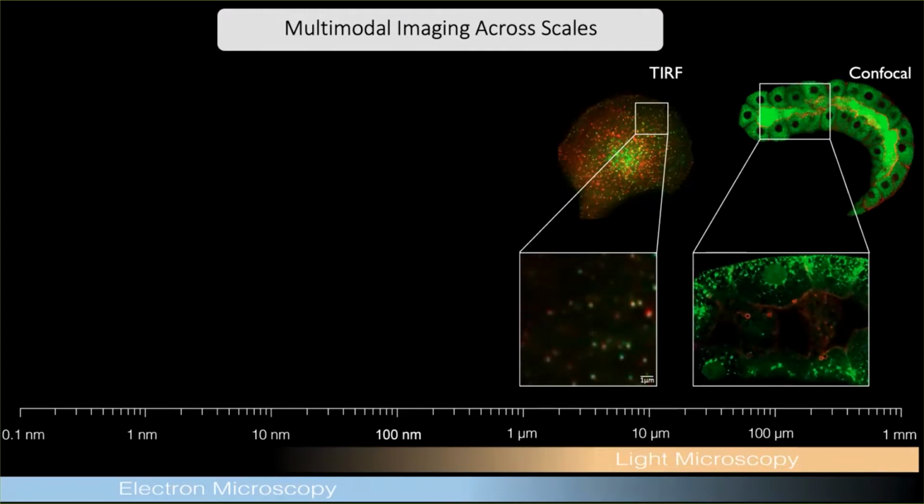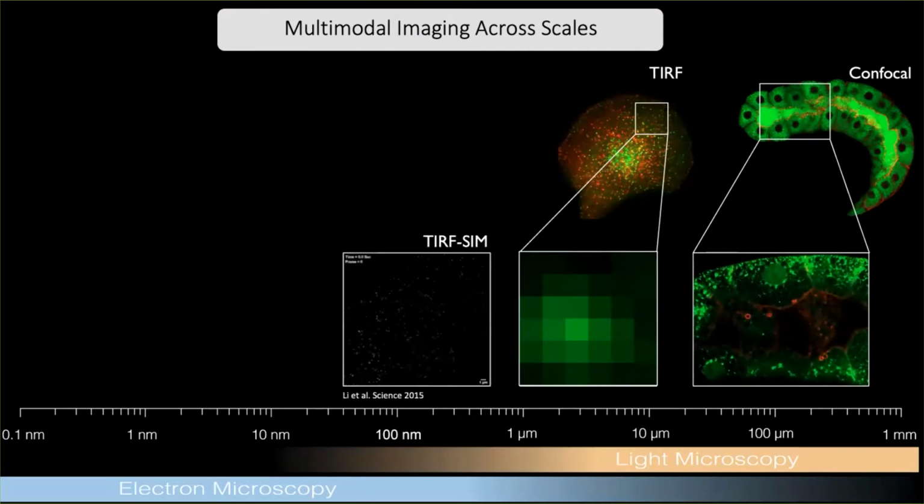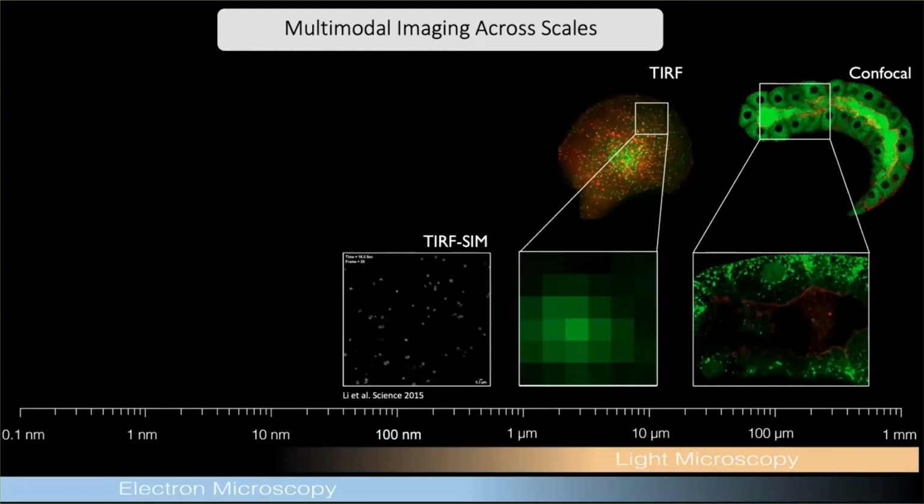So by just reducing the dimensionality, we gain a lot in temporal resolution and in spatial resolution, but it's not nearly enough, because if we zoom into the object, it's still completely not visible. We cannot see what is going on at the membrane level. Now, TIRF can be enhanced if you have access to a more advanced microscope with structured illumination.